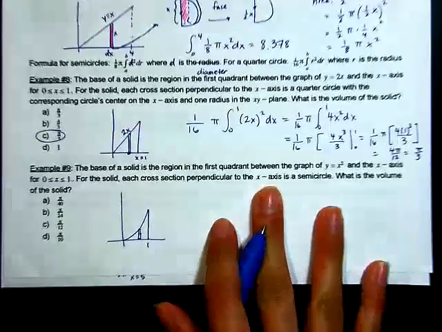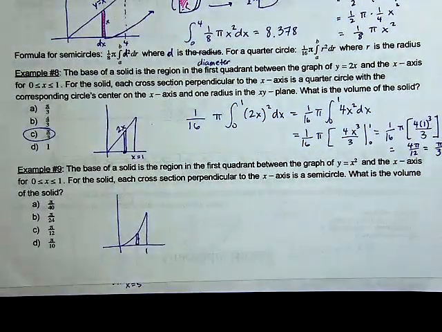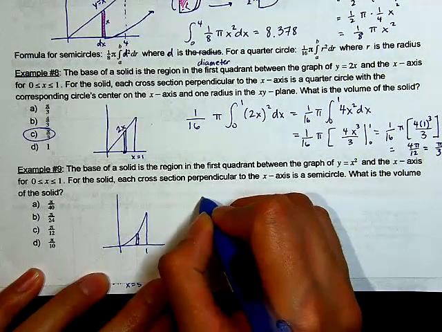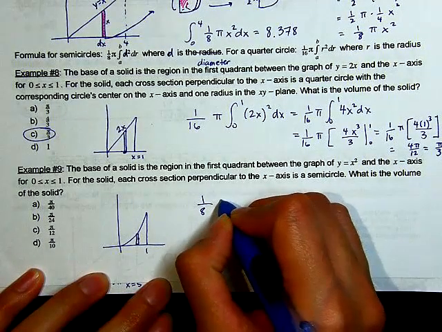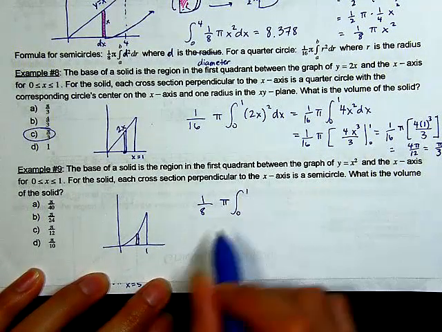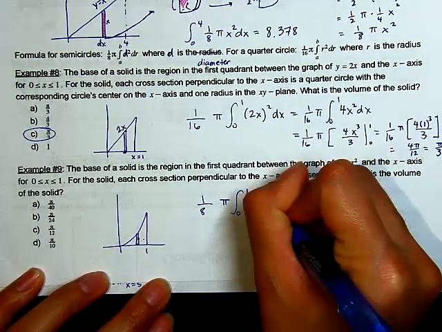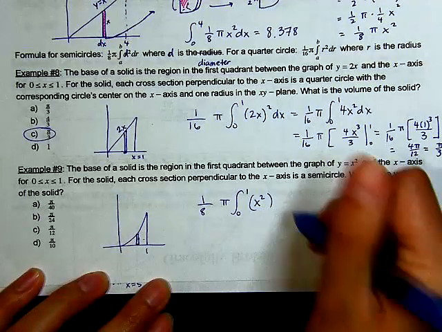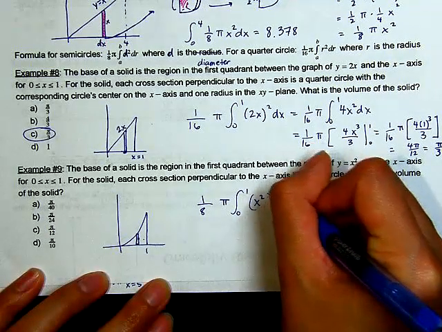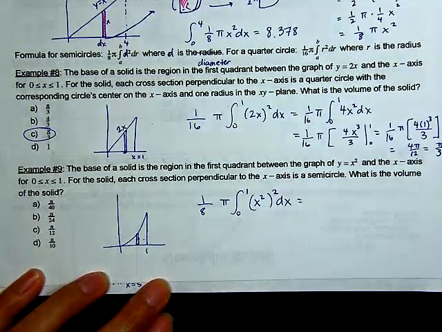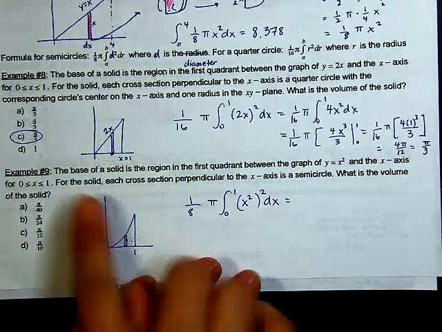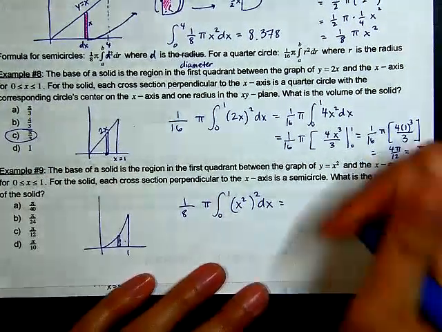So down here, we have the formula, 1 over 8 pi. We are going from 0 to 1. Here, my diameter is x squared. It is the full length, and then you want to square that. And again, we're going to do this by hand. You'll notice it does not say to use a graphing calculator.